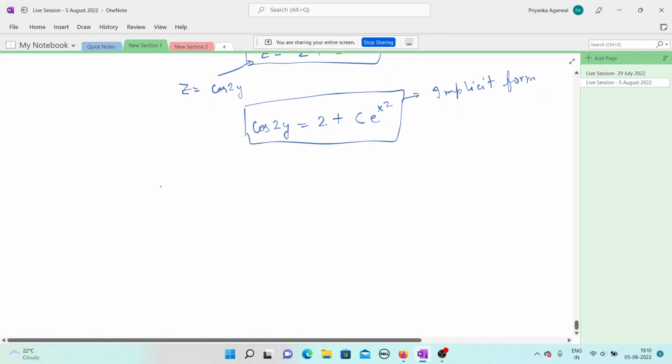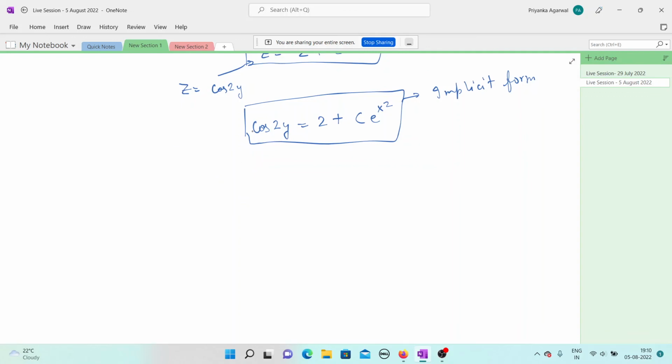Now if you want to simplify it further and write it in explicit form, you can write 2y equals inverse cos of 2 plus c e to the power x square, and then y will be 1 by 2 times inverse cos of 2 plus c e to the power x square.